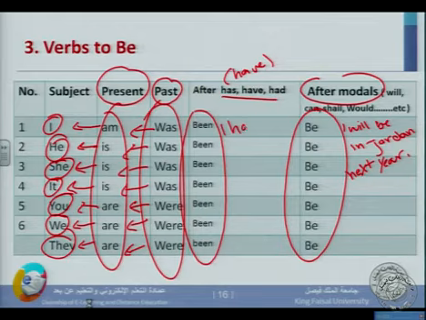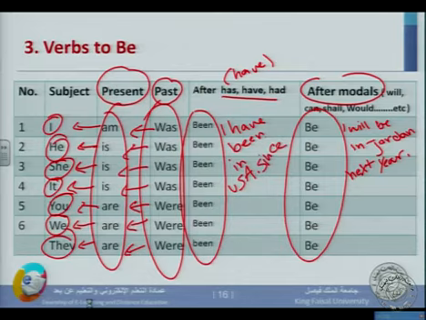I have been in USA. أنا كنت في الولايات المتحدة. Okay. Since 1999. أنا في الولايات المتحدة منذ 1999. بينما إذا أنا كنت بحكي I was in the United States وانتهت. Okay.